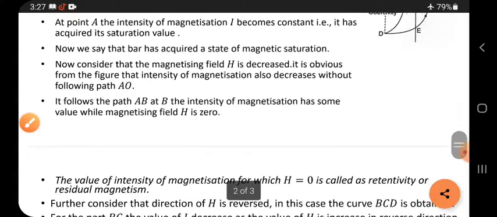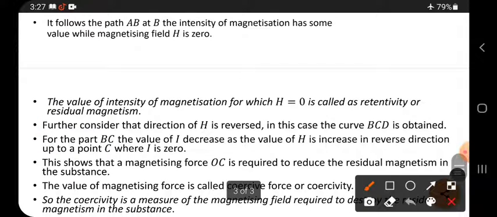Definition: the value of intensity of magnetization for which the H value is 0 is called retentivity or residual magnetism. So even though the H value is 0, the I value cannot be 0.